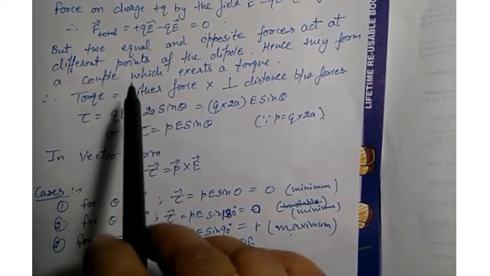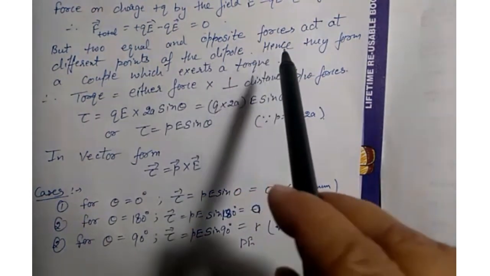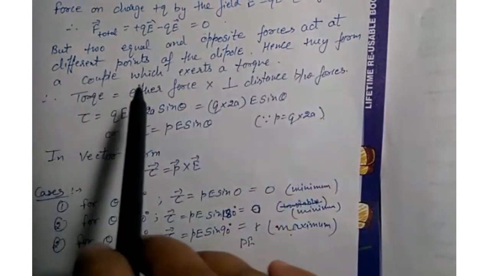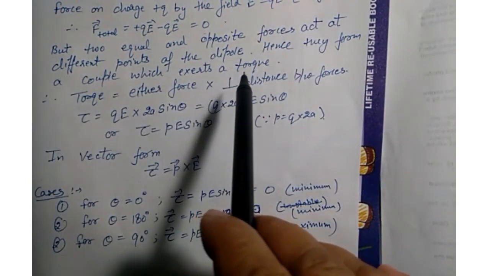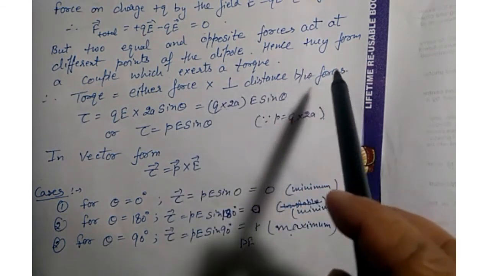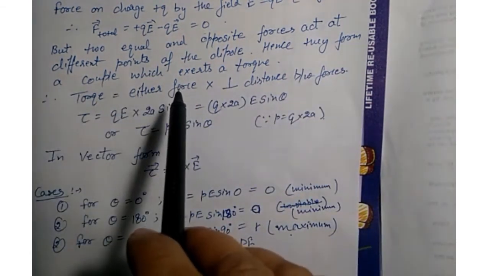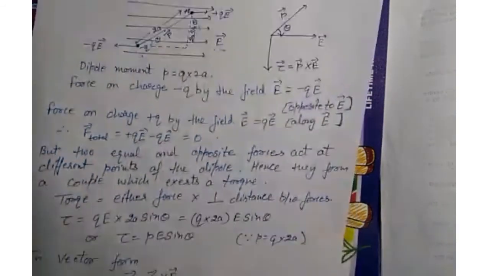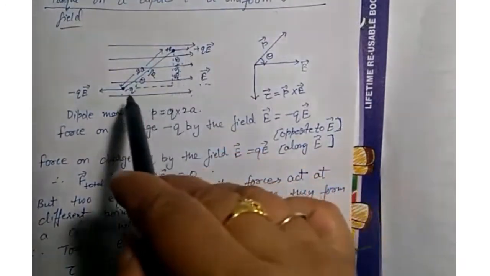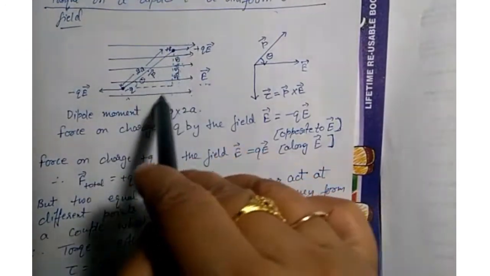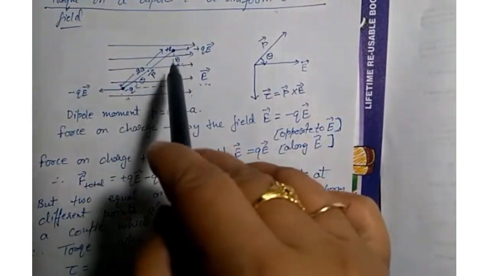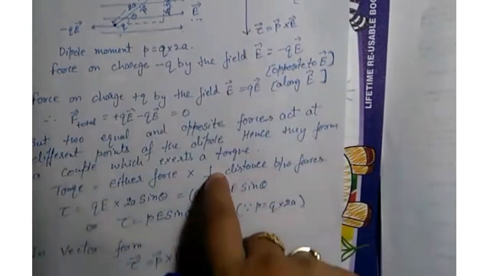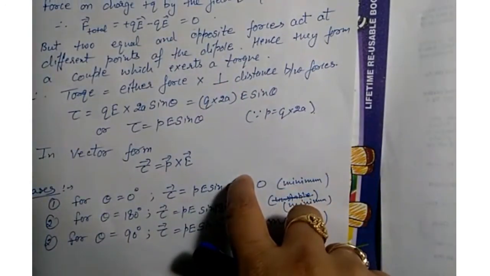But the two equal and opposite forces act at different points of the dipole. Hence, they form a couple which exerts a torque on this dipole. So they are exerting a couple, and that is rotating this dipole in this manner. So the torque is acting on this dipole because of the couple created.